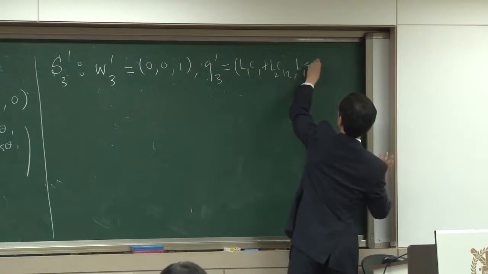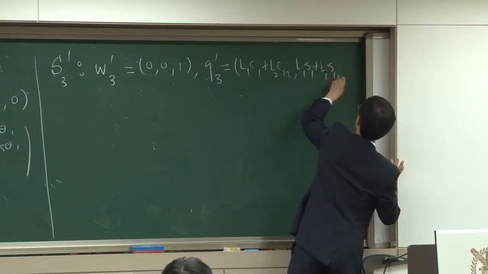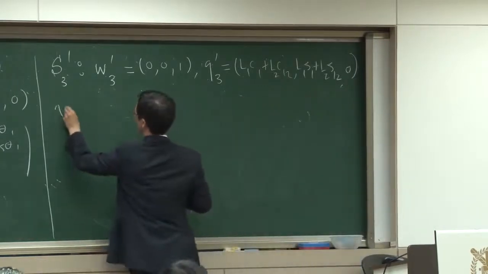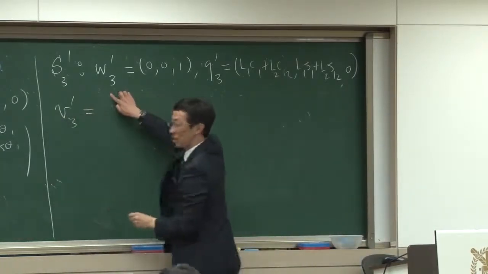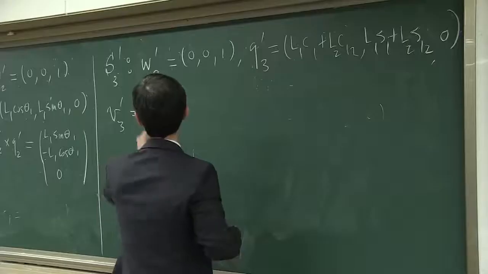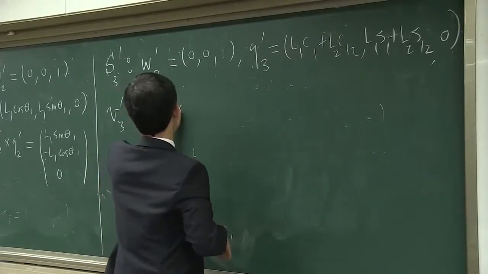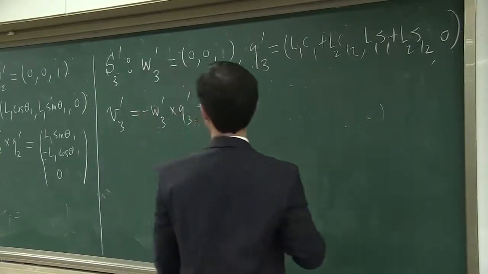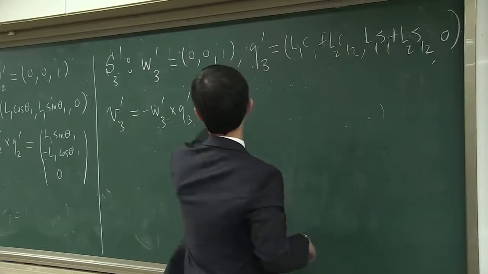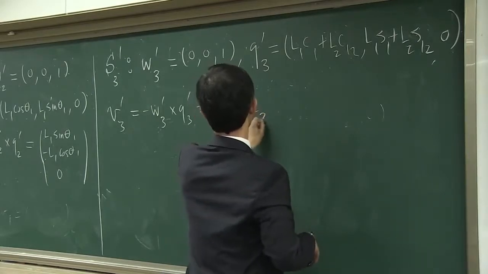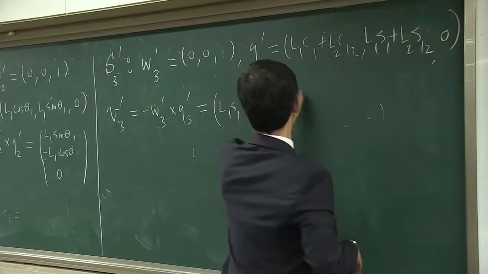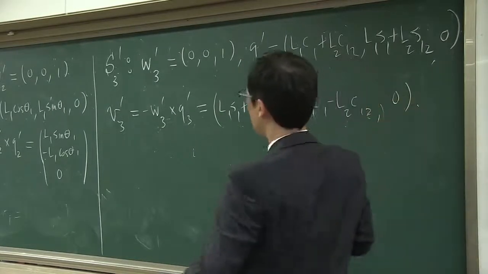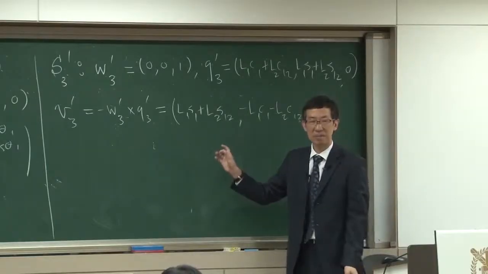We have L1 S1 plus L2 S12, 0. Okay, so V3 prime is minus omega 3 prime cross Q3 prime, which is equal to L1 S1 plus L2 S12, minus L1 C1 minus L2 C12, 0. Okay, so there's my third column.